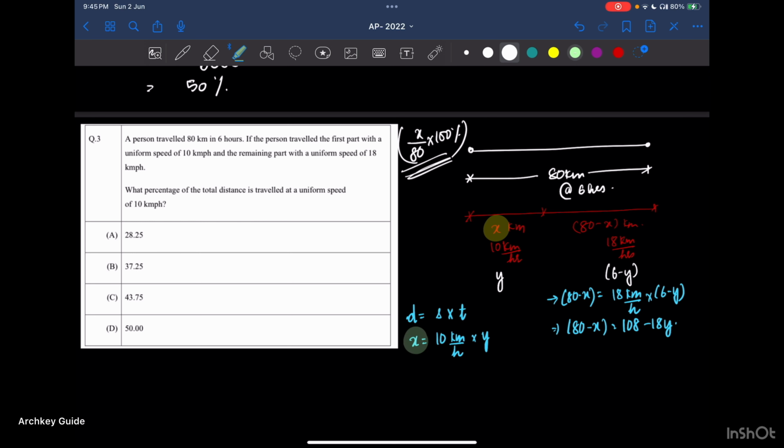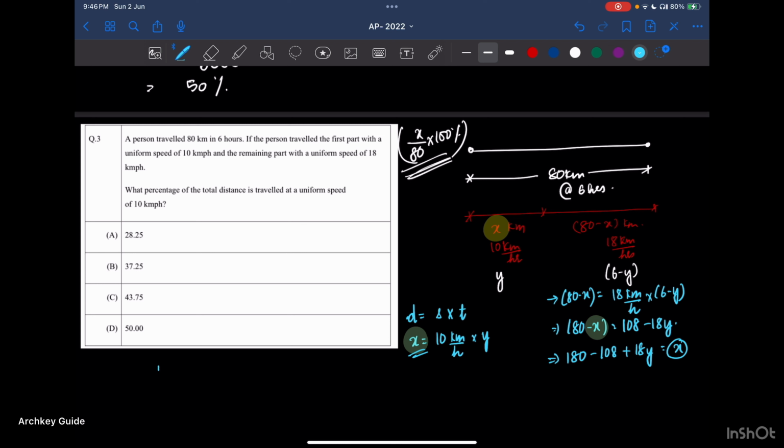So what I'm basically trying to do is find a common factor here. If I make x appear on the left-hand side too, I can equate both the equations. So here, what I'll do is 80 minus 108 plus 18y equals x. We got it, right?